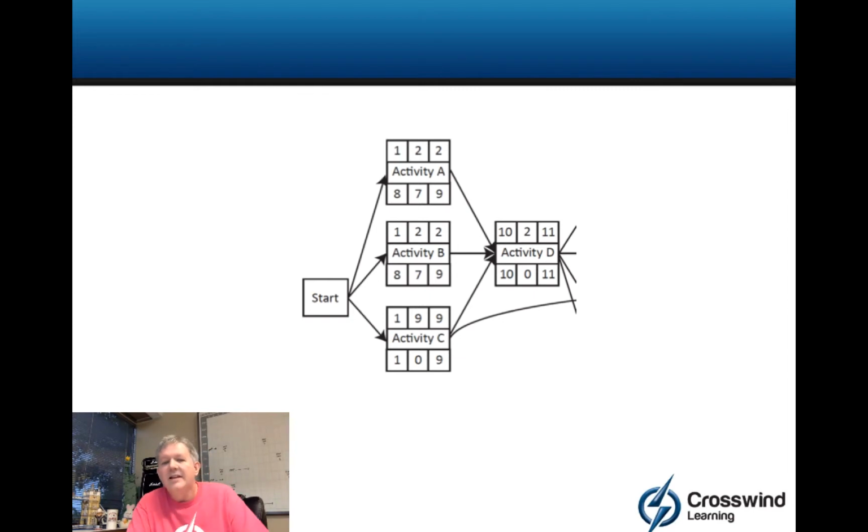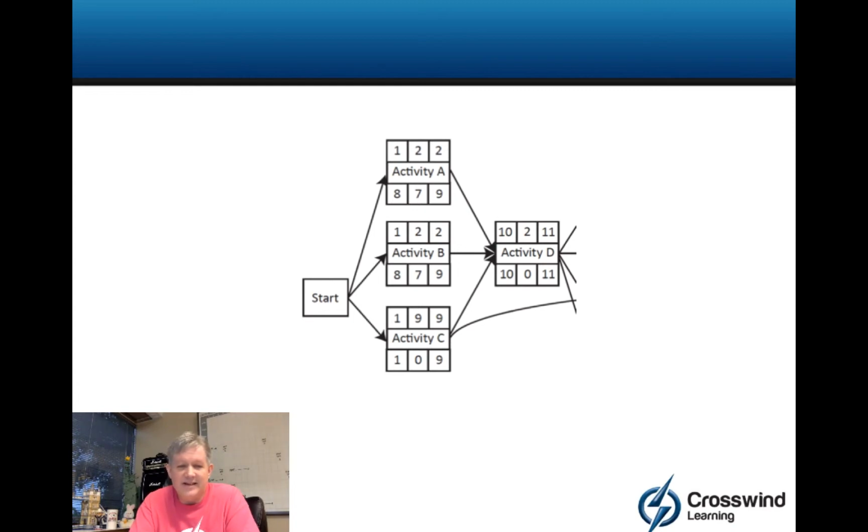Now, D is tied to A, B, and C all having to be done. A, B, and C all have to be done before D can start. So the earliest D could start is the start of day 10 because activity C is one of the predecessors, and that takes until the end of day 9.